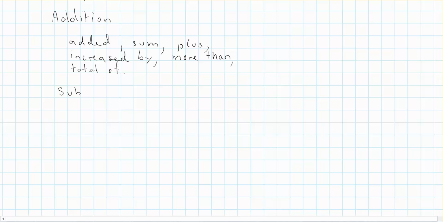Subtraction. Well, difference, minus, less than. When we say less than, we're talking about in a sentence here.